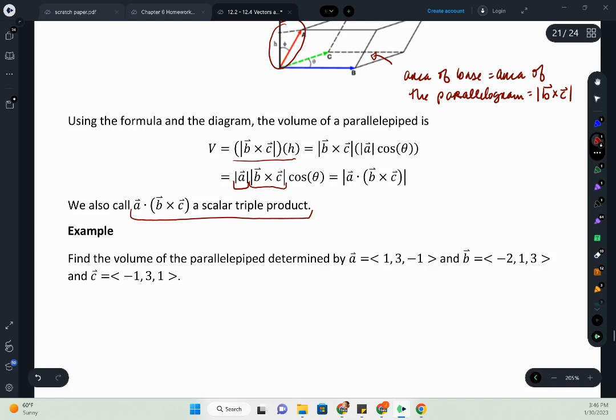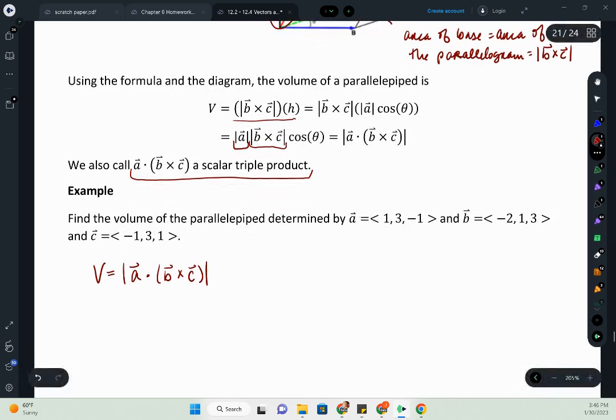So this is telling me that I should, in theory, be able to just say V is equal to the absolute value, or magnitude, of A dotted with B cross C. So we need to figure out what A dotted with B cross C is.